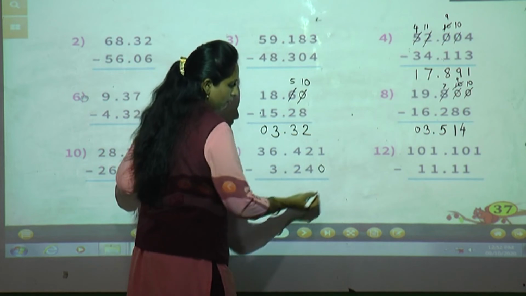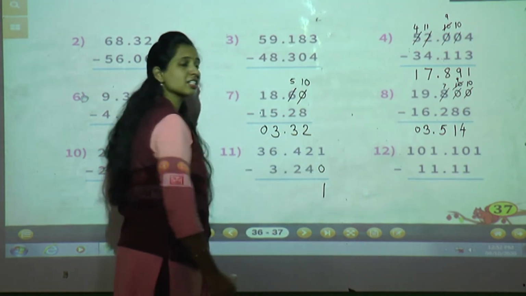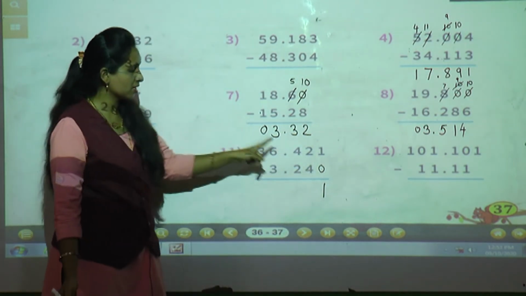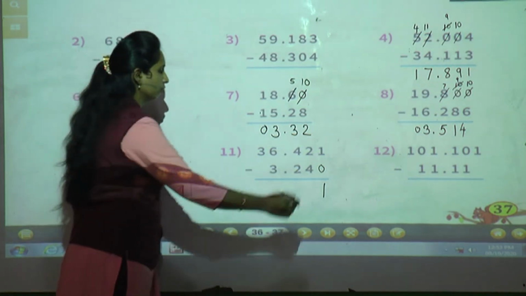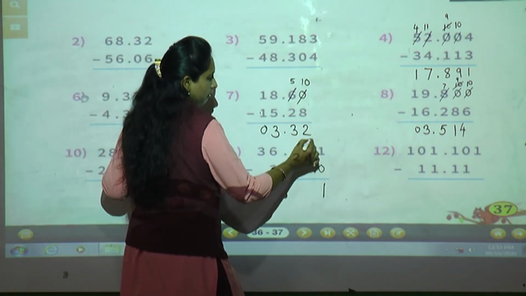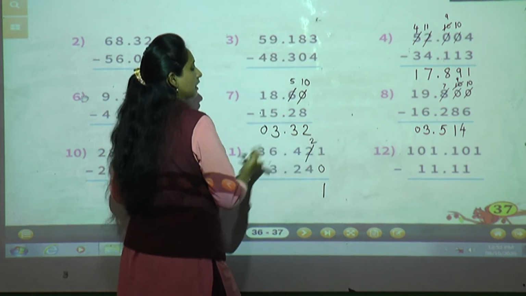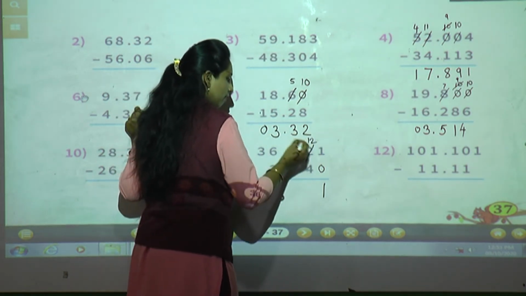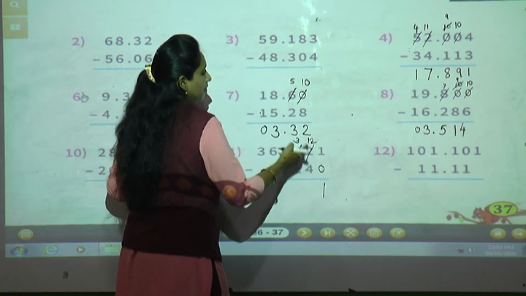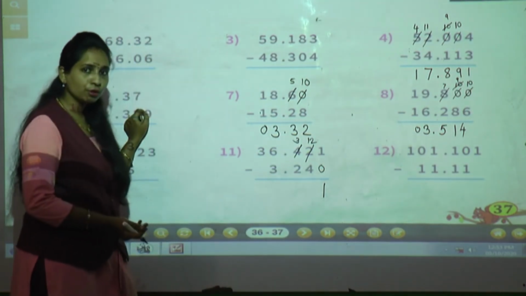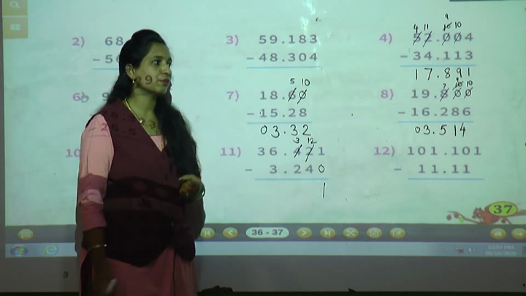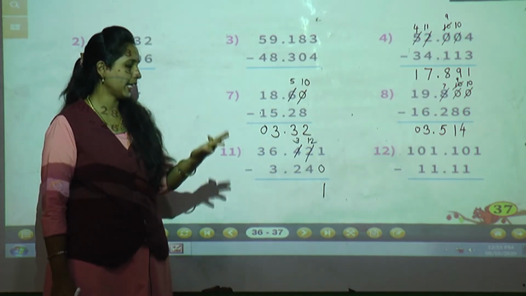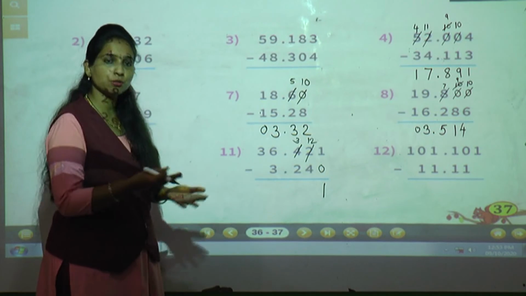1 minus 0 is 1. 2 minus 4, we cannot, because we can't subtract a greater number from a smaller one. So we need to take a borrow from the neighbor. Write 2 as it is. Tens is having 4, he will give 1, here 3 will remain. Now we can subtract 12 minus 4. Count after 4 till 12 comes: 5, 6, 7, 8, 9, 10, 11, 12.